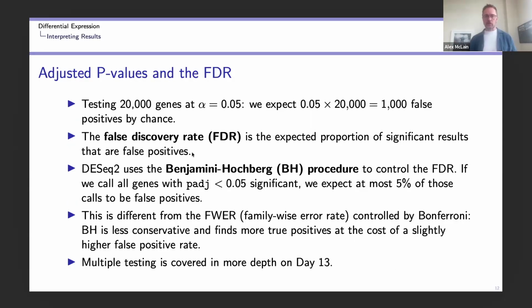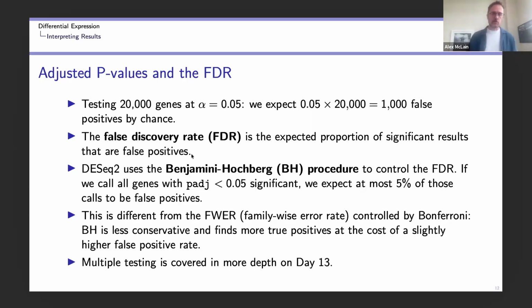The false discovery rate is going to control the expected proportion of false positives. So out of all the significant results we get, how many of those do we think are going to be false positives? What proportion are going to be false positives?